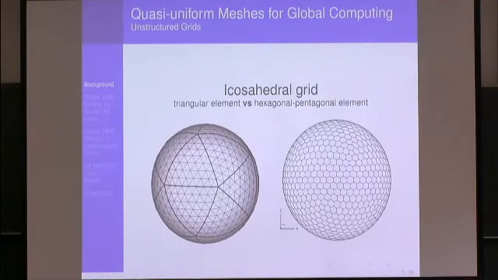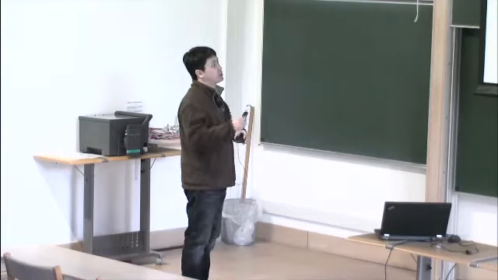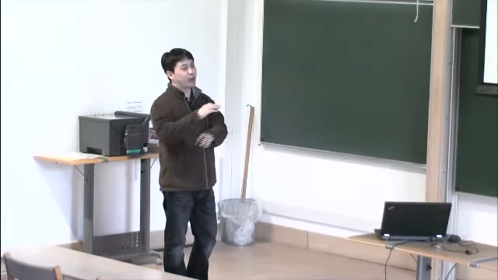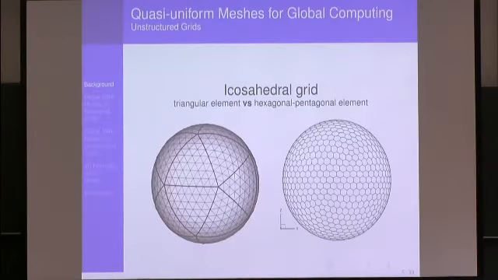These grids have very uniform grid spacing, but they are unstructured in nature. So the numerical frameworks should be very different from what we have used for latitude-longitude coordinates. Some new techniques should be used for developing high performance global models on these unstructured grids.